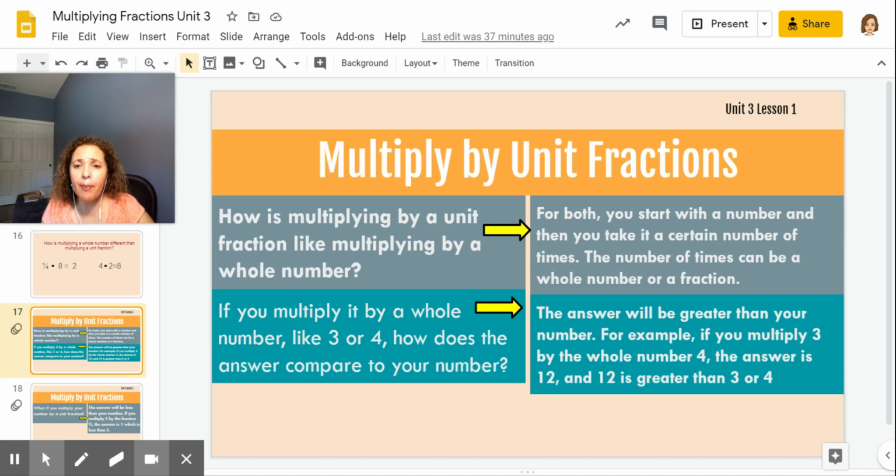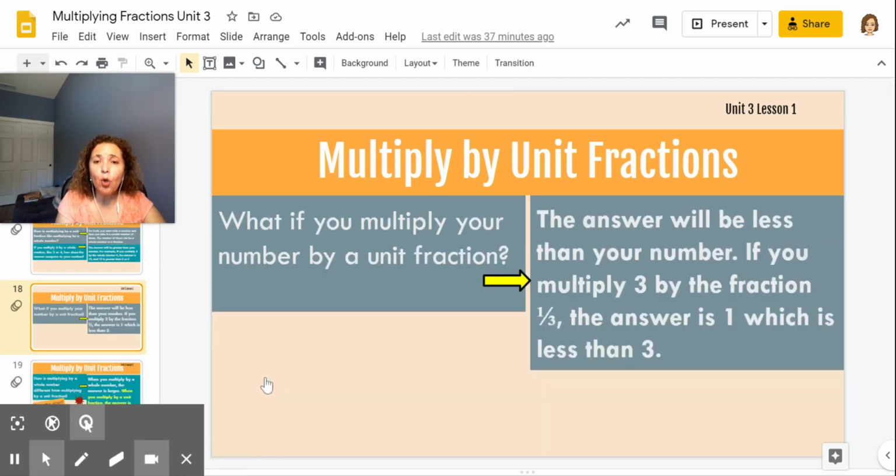If you multiply by a whole number like 3 times 4, then your answer is going to be greater. Your product will be greater, right? So if you multiply 3 times 4, you get 12. 12 is greater than 3 and 4.